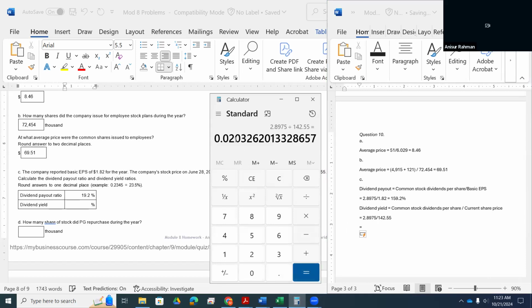In percent, it will be 2.0%, so just 2%.